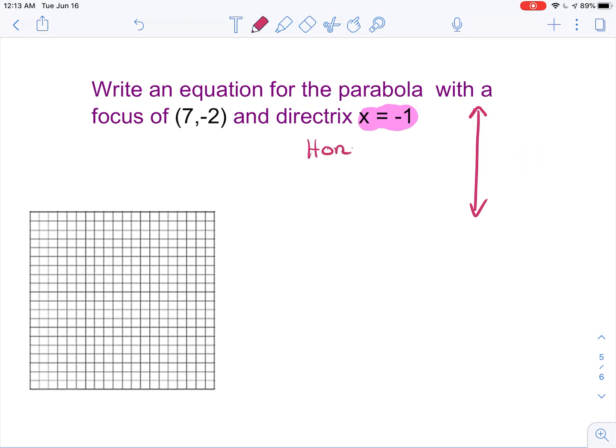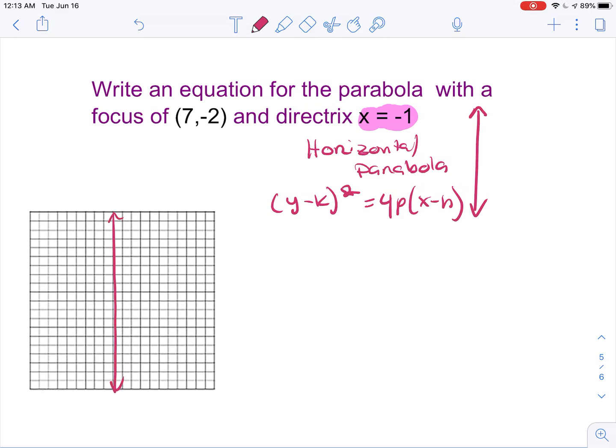So this means that we have a horizontal parabola, which means that we are going to follow the equation (y - k) squared equals 4p(x - h). Okay, so when in doubt, draw it out.